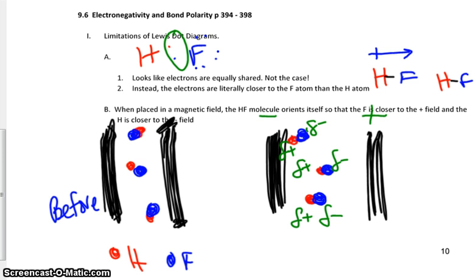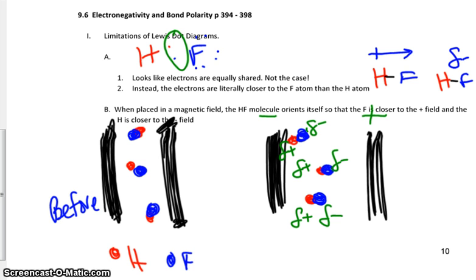If the fluorine is attracting the electrons closer to it, and the electrons are negatively charged, that means the fluorine takes on a more negative charge around it. Not fully, but partially. So here is your partially negative fluorine, with those electrons closer to it.